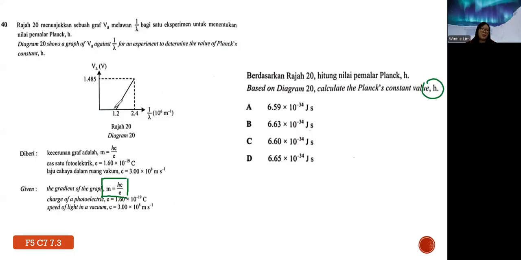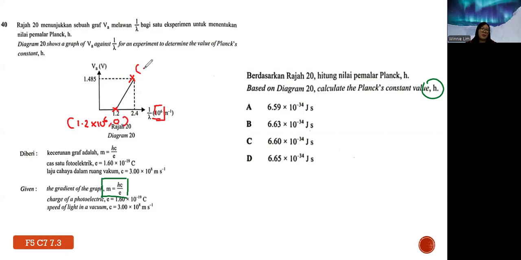To find the gradient, we need two coordinates. This coordinate is 1.2. You don't write 1.2 only, always look at the label. Especially in quantum physics, this chapter, you need to include the units, like frequency 10 power 14 hertz, or energy 10 power 20 joule. And then the y is 0 at this point.